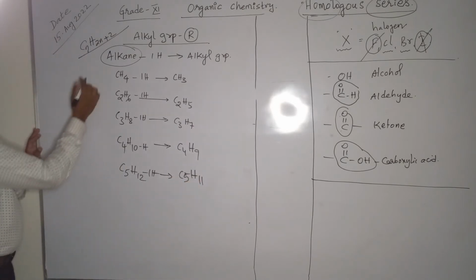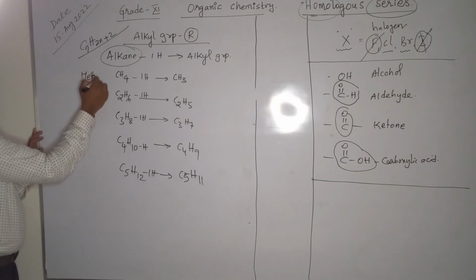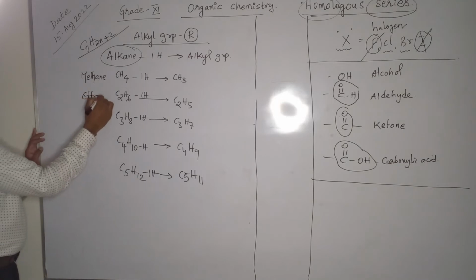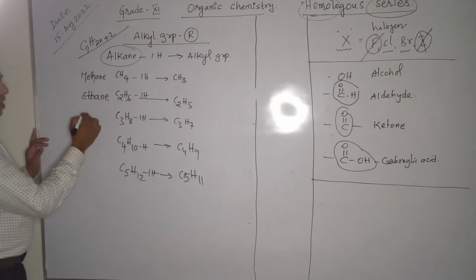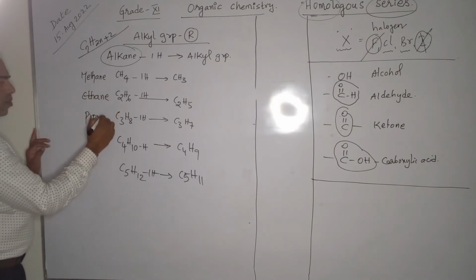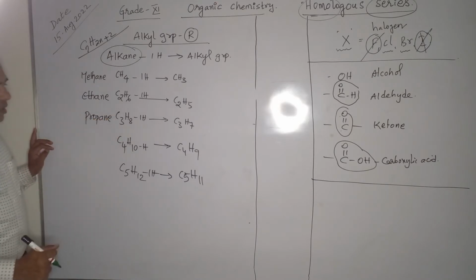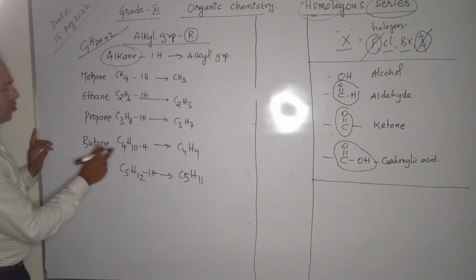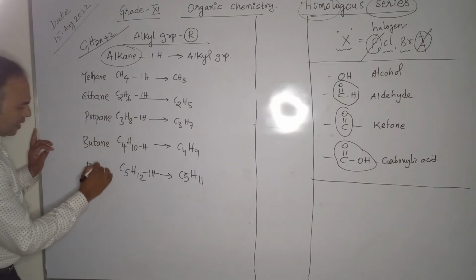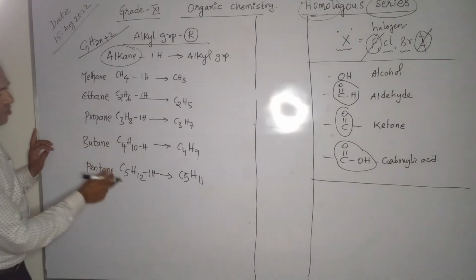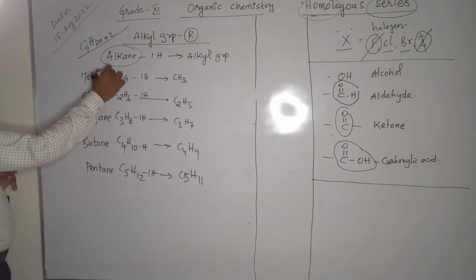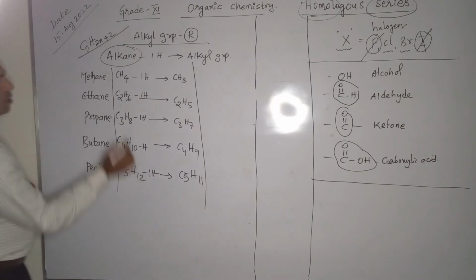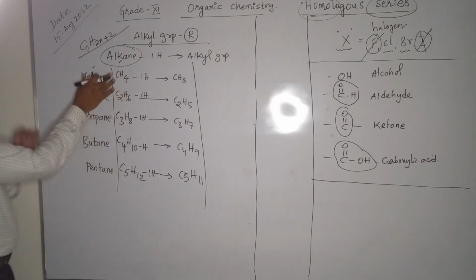Next, methane. Meth means 1 carbon, you know. Ethane means 2 carbons. Propane, prop means 3. Butane, 4. Pentane represents 5 carbons. This is alkane, we wrote alkane names.